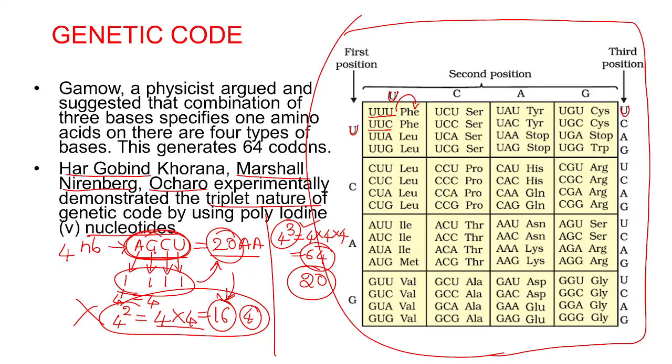At the same time, UUC will also code for phenylalanine itself. And if you observe the next box, CUU, then CUC, CUA and CUG. Even though there are 4 different types of codons, they will always code for only one type of amino acid. How is it possible and why does it occur?